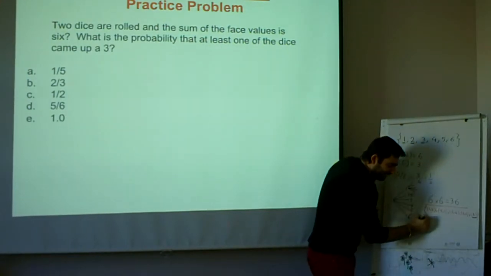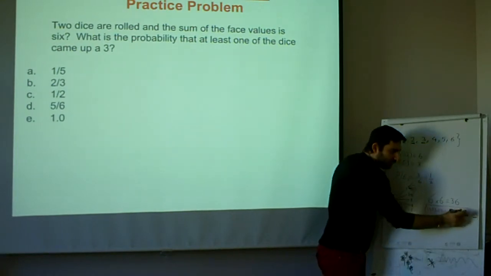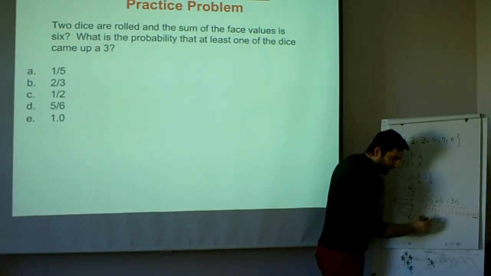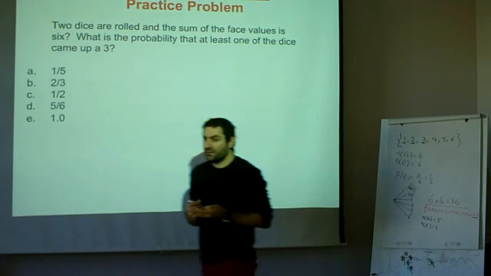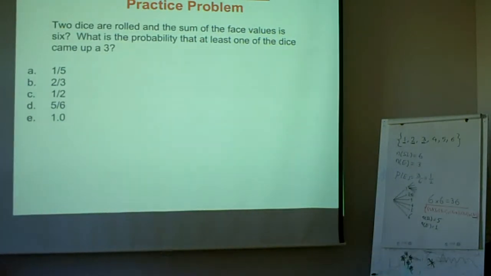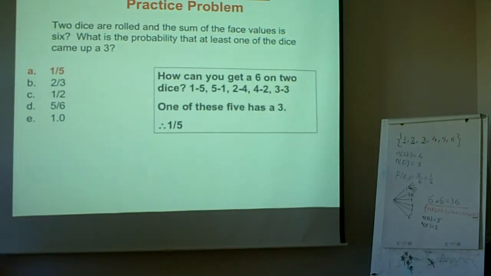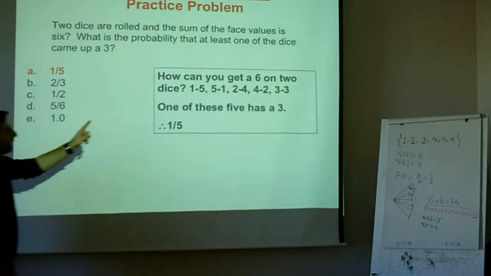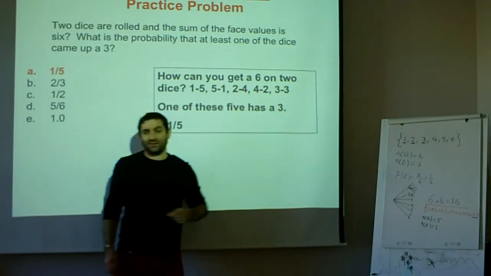So in this question, n omega is 1, 2, 3, 4, 5, and the number of events that we have is 1. So what is the probability? 1/5. Because we can have only these numbers, and only one of them has the number 3.